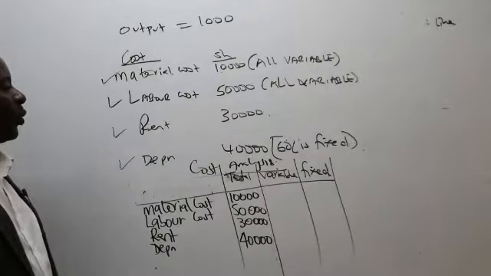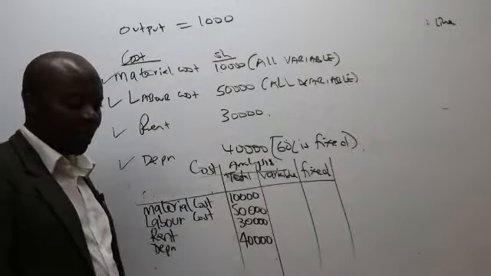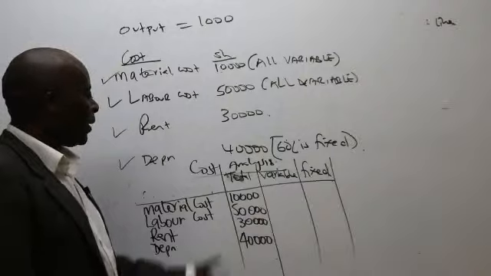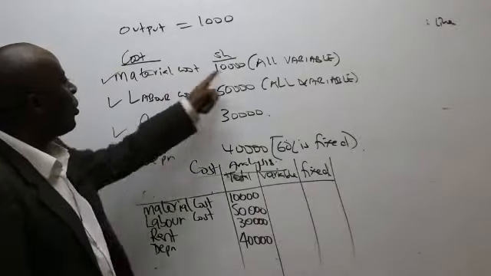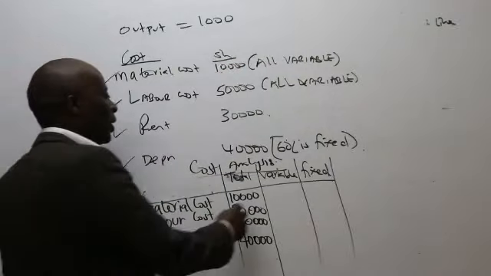Then we will come and classify this amount into the two columns. Material cost, they have told us that all of it is variable, so there is nothing of material that is fixed.